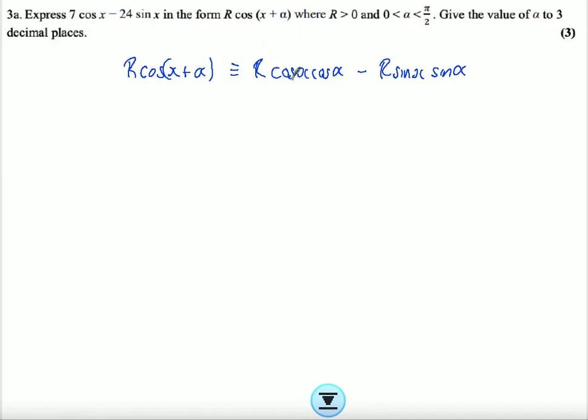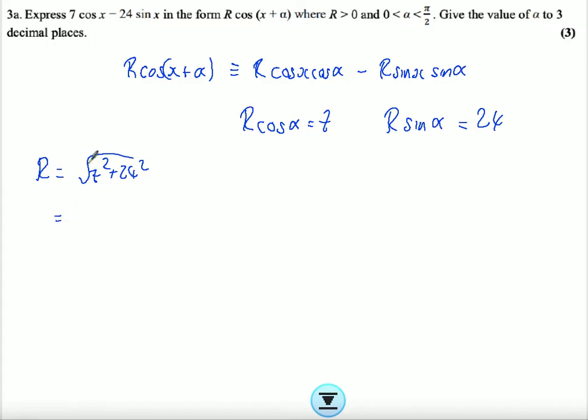So 7 cos x, so therefore r cos alpha is 7, and then negative 24, so r sine alpha is equal to 24.